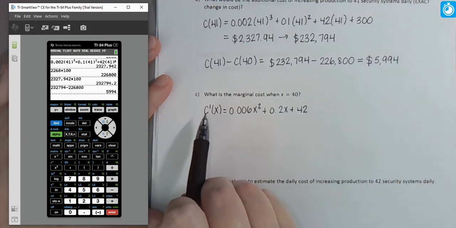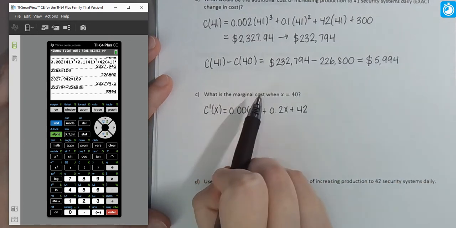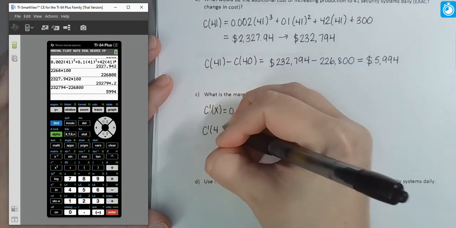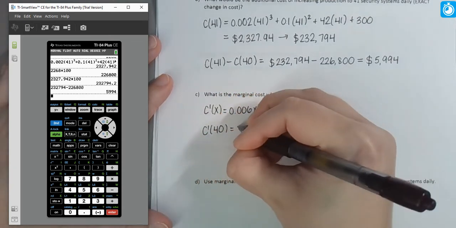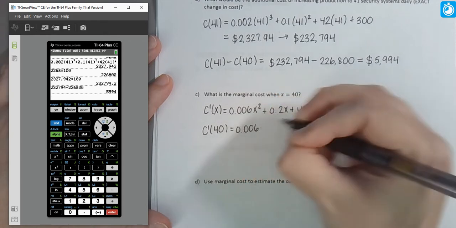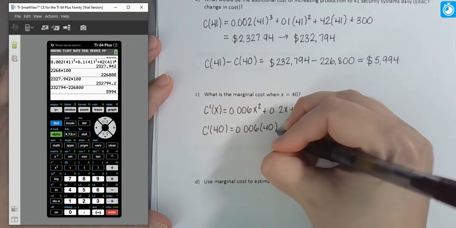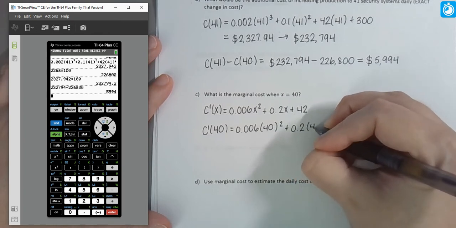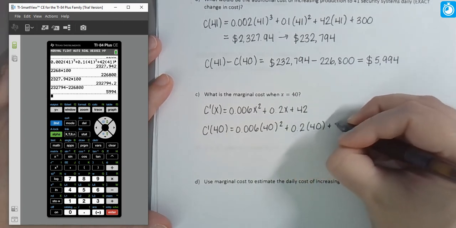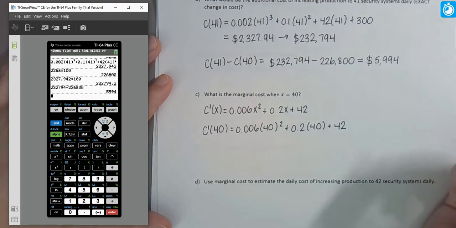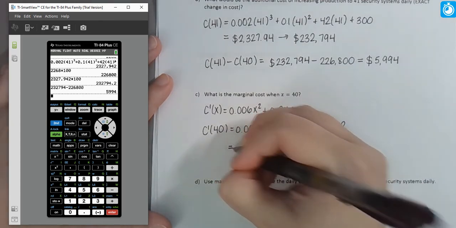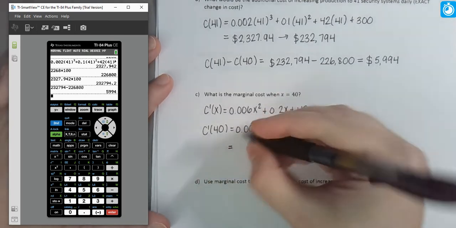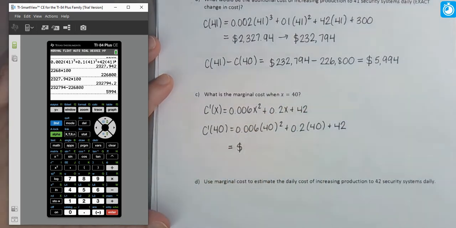And then if we evaluate our derivative, or marginal cost function, when x is 40, c prime of 40, 0.006 times 40 squared plus 0.2 times 40 plus 42. And again, this is going to be in dollars. We're talking about a change in cost, the amount of additional cost.